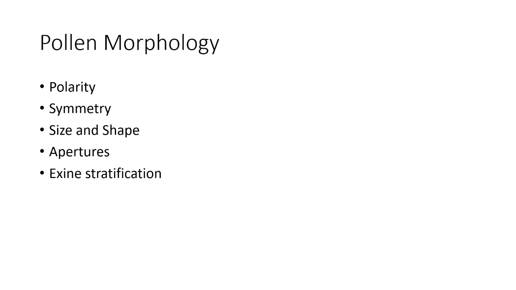You can just imagine how small they are. But 10 micron to 200 micron. So some pollen grains we are able to see as dust particles. Okay, so you can imagine a dust particle which is visible to you. Such kind of pollen grains does exist. So 10 micron to 200 micron is the average size of the pollen grains.